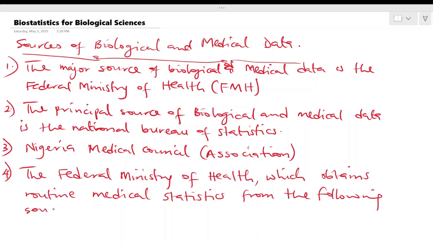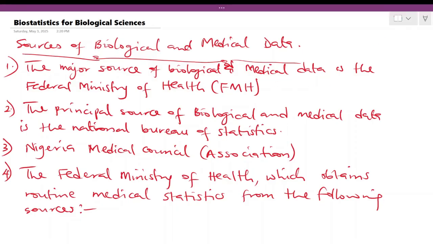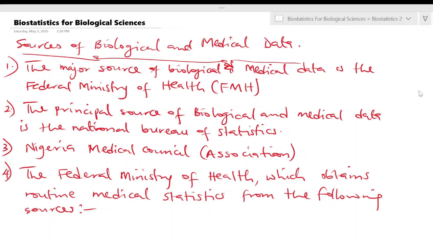So we'll quickly look at the sources from which the Federal Ministry of Health obtains routine medical statistics, and we'll be seeing that on the next page.